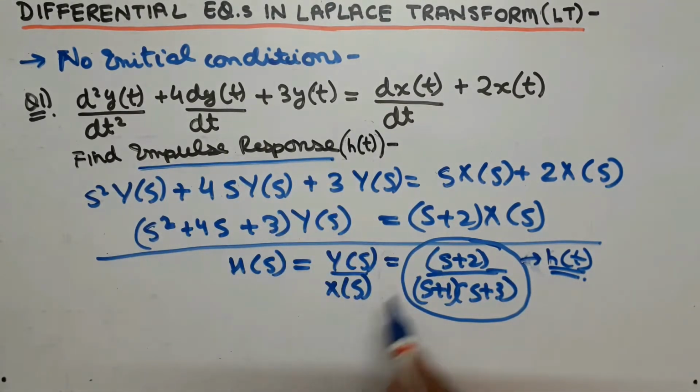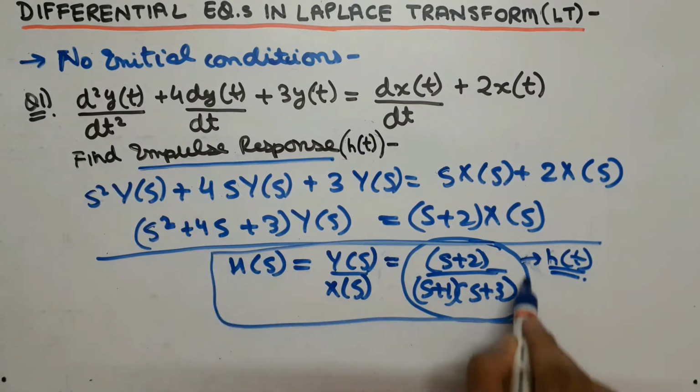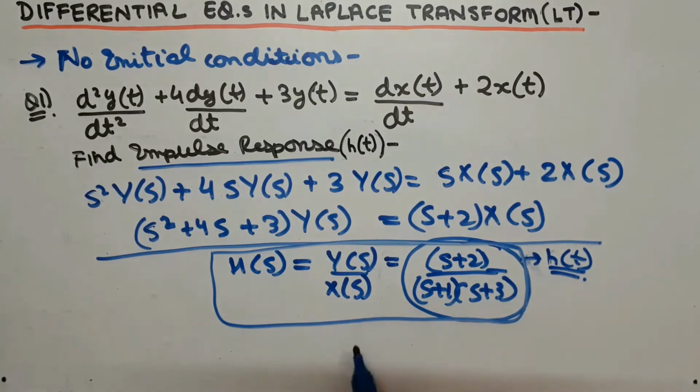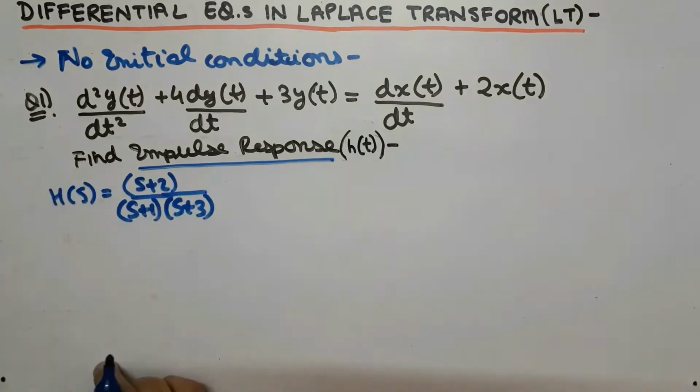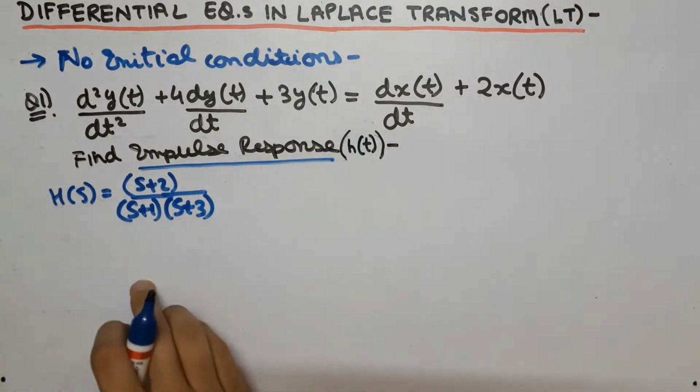So first of all, we are going to do its inverse Laplace transformation. Now guys, we will be using ILT formulas in this, which I have already explained in my video on inverse Laplace transform. So please first have a look at that video so that you can understand how we convert H(s) to h(t). We previously obtained the value of H(s).